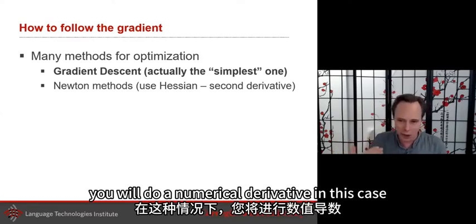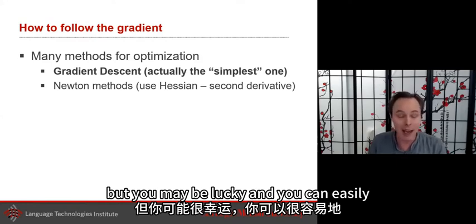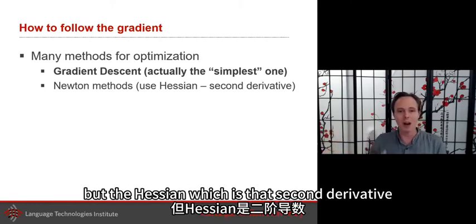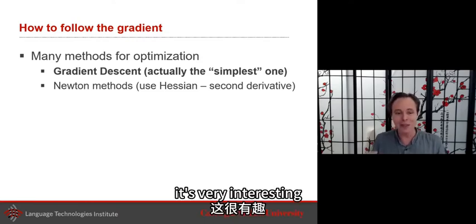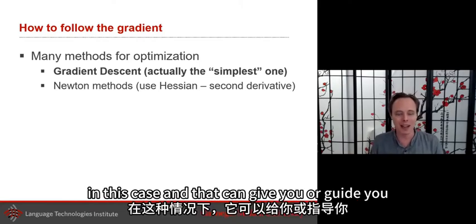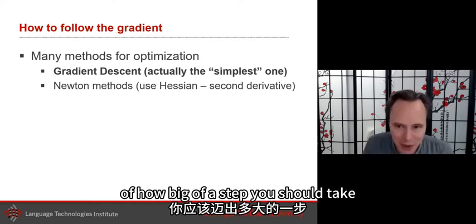Most likely you will do a numerical derivative in this case, but you may be lucky and can easily have the analytical gradient of the second one. The Hessian, which is that second derivative, is very interesting. It's kind of the acceleration of the velocity in this case, and that can guide you on how big of a step you should take.